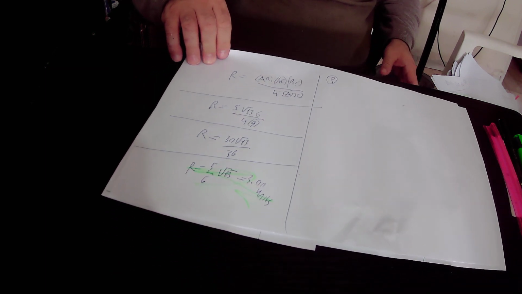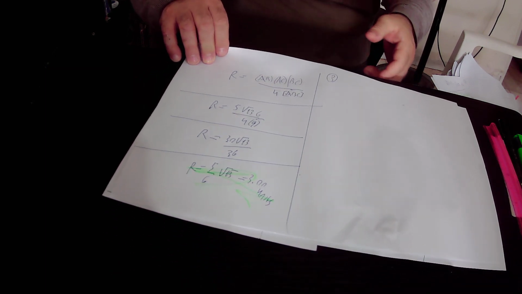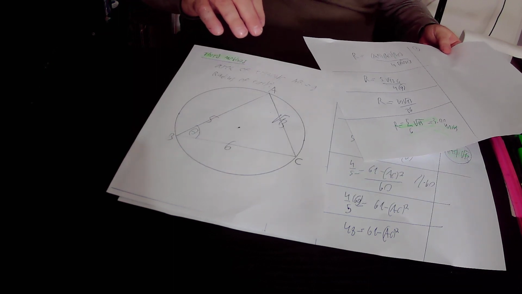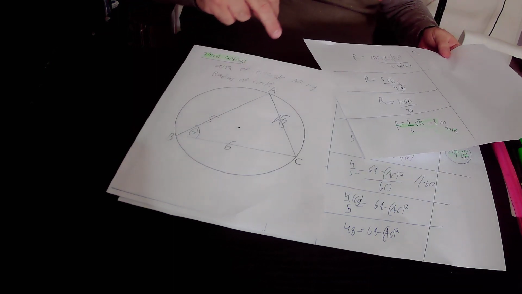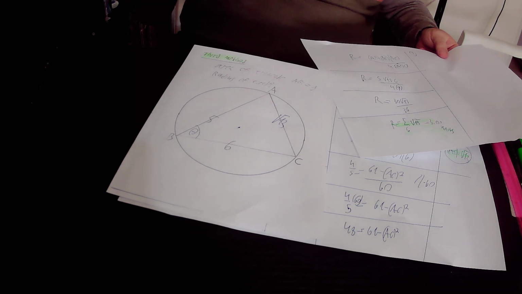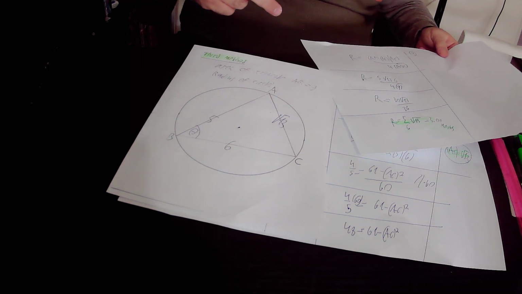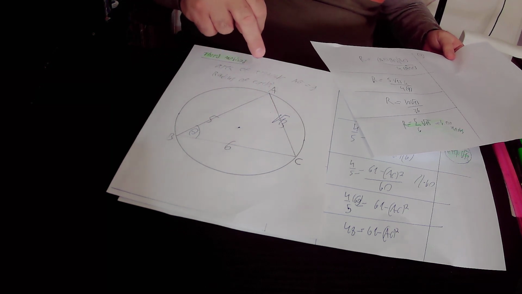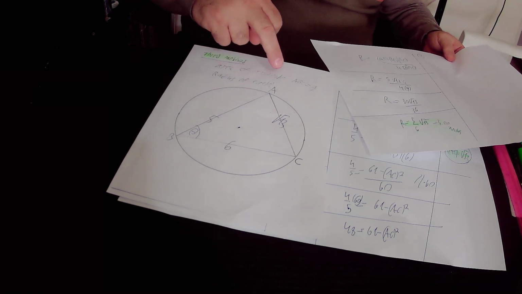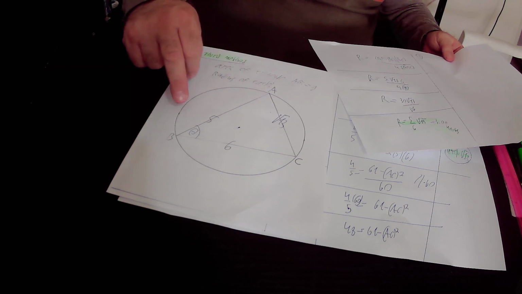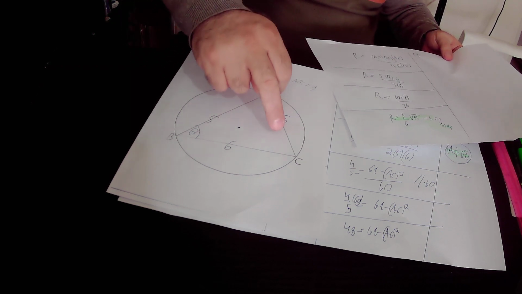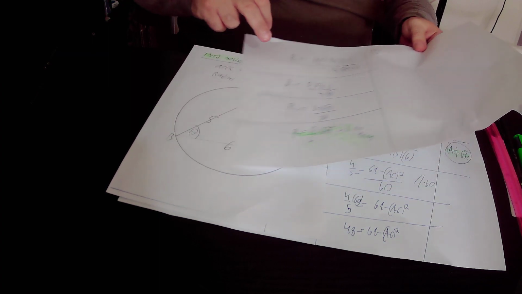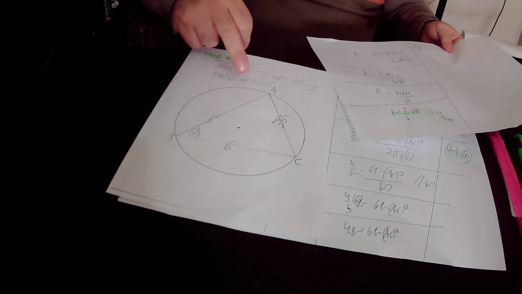The radius of any circle that circumscribes a triangle equals the multiplication of the sides of the triangle by each other over 4 times the area. In this case, we have this circle that circumscribes triangle ABC. So the multiplication of the sides of triangle ABC is AB times AC times BC, over 4 times the area of triangle ABC.